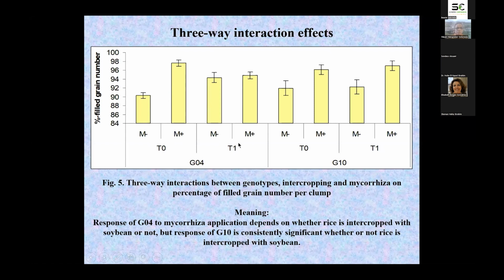Maybe because intercropping also increases. As we can see, here is higher than this one. That makes these two not significant. But in this case, application of biofertilizer increases percentage of filled grain number. That means that these two genotypes have different responses.